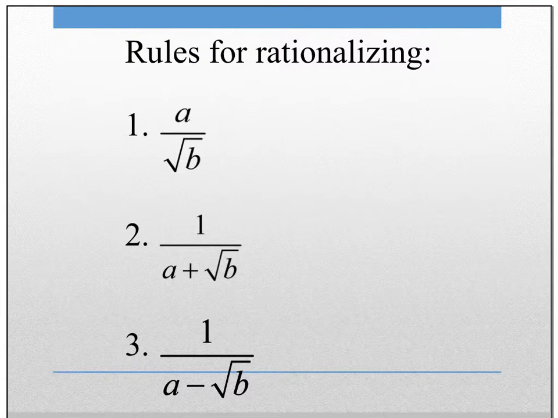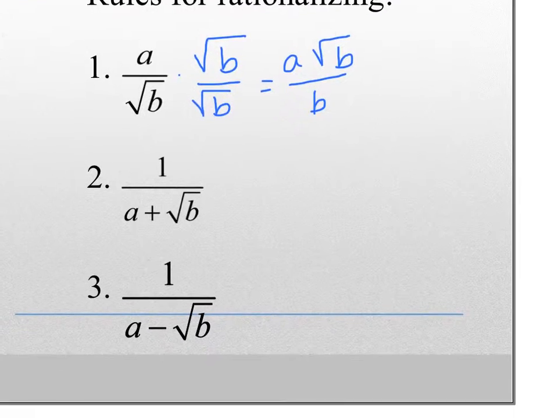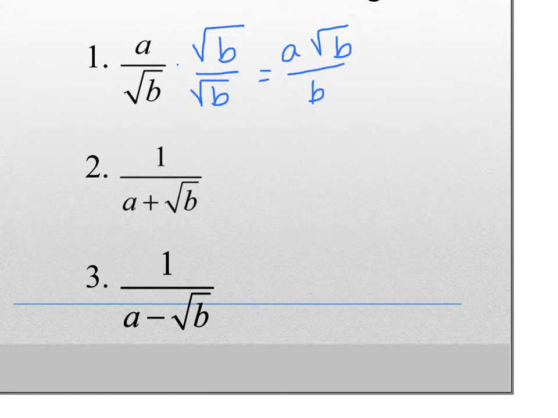Okay, so I did mention that we don't want radicals in the denominators. One way to undo a square root is to multiply by another square root, because now you have square root of b times square root of b, which is b. Now these are all very symbolic. We will put some numbers to them. We talked about conjugates a minute ago, and for numbers 2 and 3, we need to make sure we have an integer in the denominator.